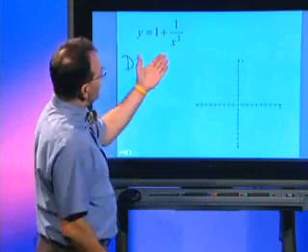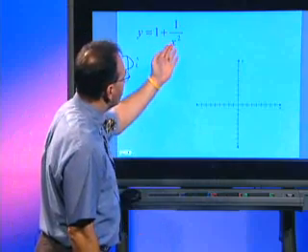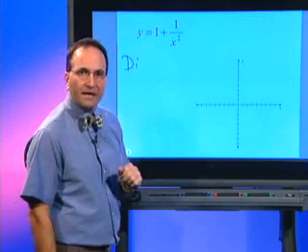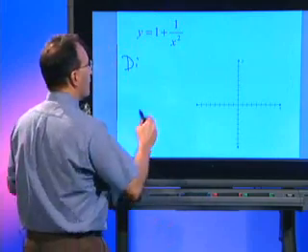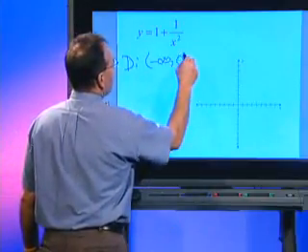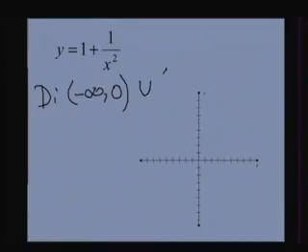In this particular instance, what you recognize is that we can't put a 0 in for x because that would make it undefined. However, every other number is possible, which makes the domain start at negative infinity, go up to 0, and then start again at 0 and go up to infinity.